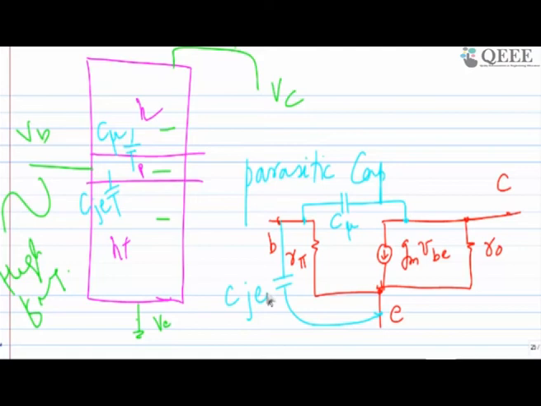And if you want to do the analysis the way you were doing earlier, you have to decompose C mu this side and this side, considering that there is a small signal gain of minus GM times R0. For this case, one BJT will give you a gain of minus GM times R0.